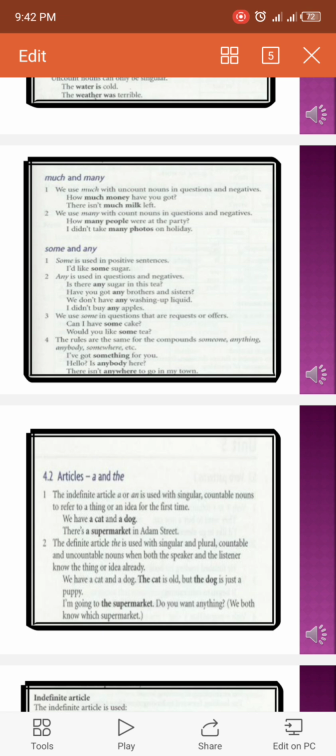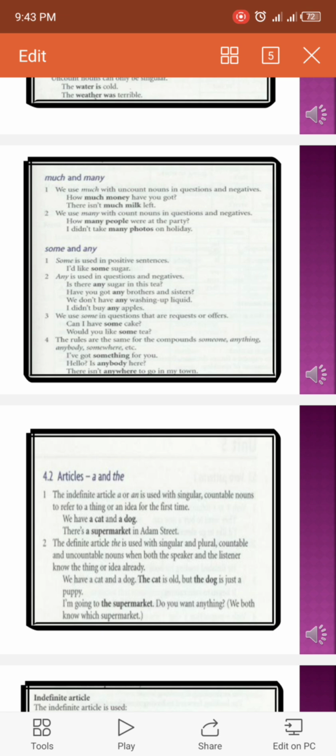3. We use some in questions that are requests or offers. For example, can I have some cake? Would you like some tea? 4.